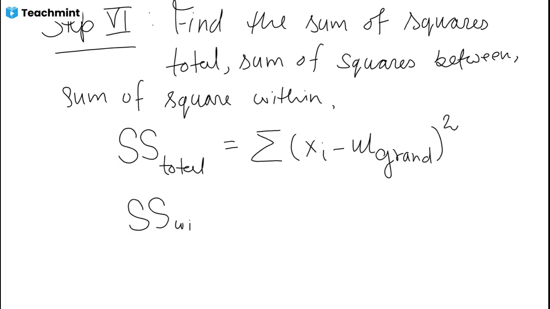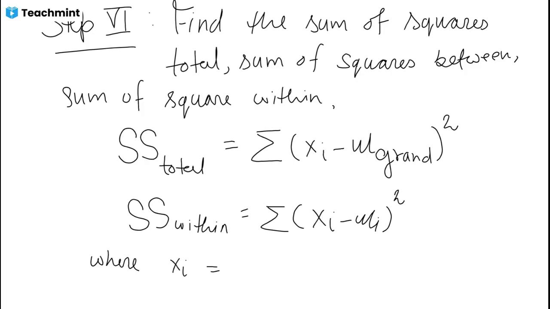Sum of square within is equal to summation xi minus mu i, whole square, where xi is the ith sample and mu i is the mean of the ith group.